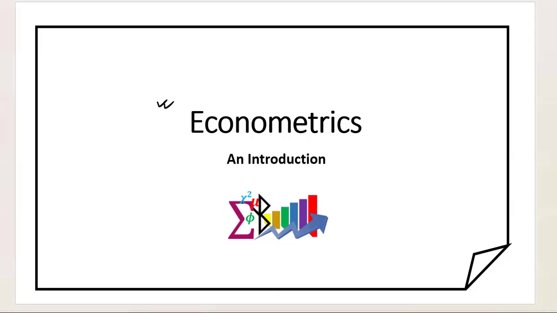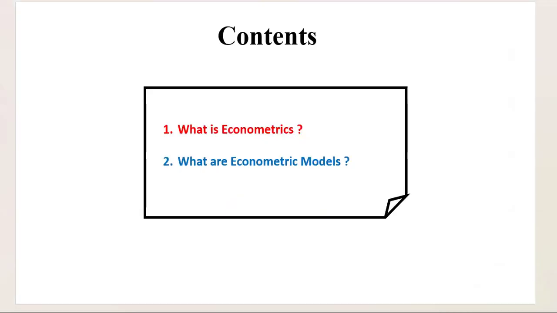So today we are going to start off with econometrics. This is going to be our first lecture, an introductory session on econometrics where I'll focus on two topics. Firstly, what is econometrics? I'll give you an example and try to explain how econometricians think about this discipline and how they approach problem solving.